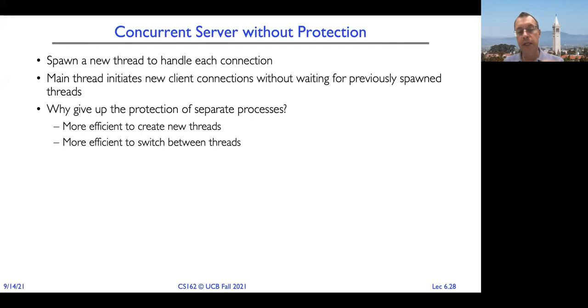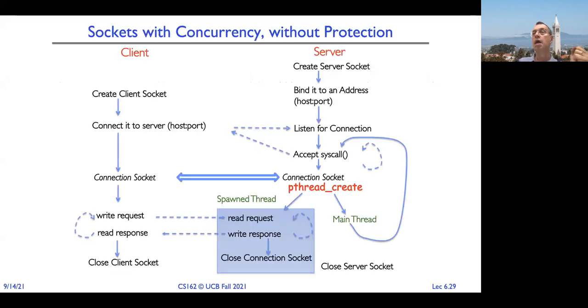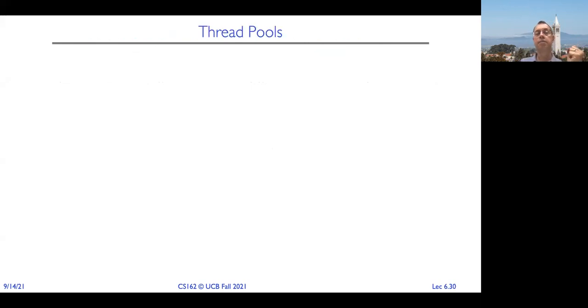If you want to provide concurrency, but more lightweight, and you are not as concerned about protection, what do you use? You can use threads, right? You can have multiple threads in the same process. And now what you are going to do, when you accept a connection request from a client and you are creating a socket, you are going to spawn a thread.